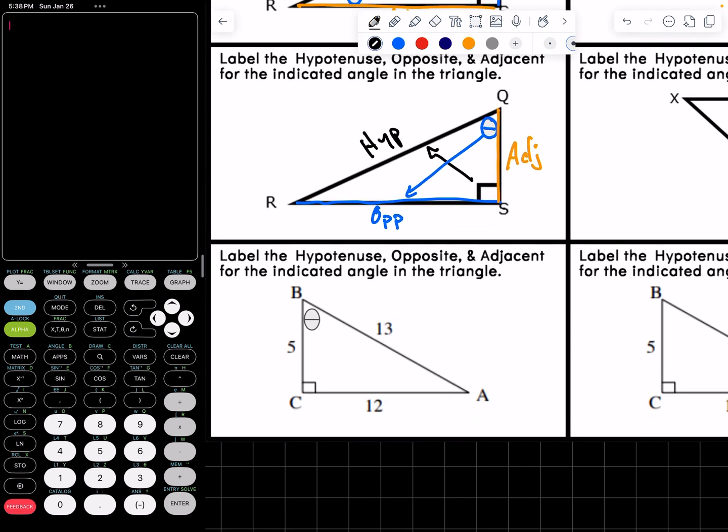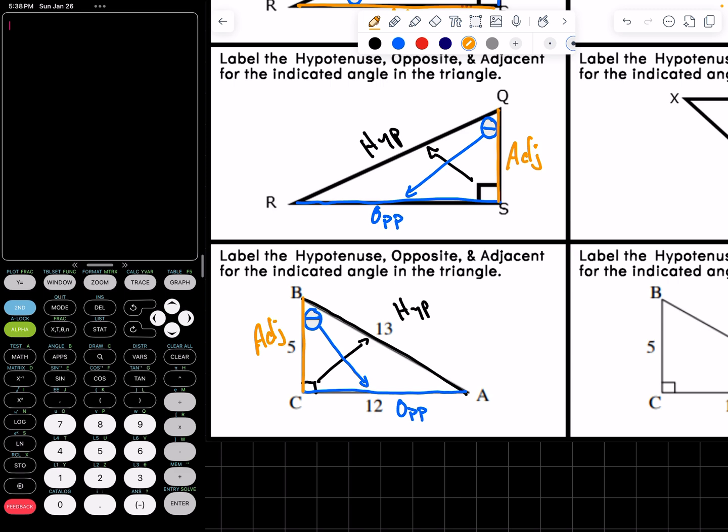So down here, we know that 13 is my hypotenuse. We've got my angle up here in the top left at B, which makes 12 AC, my opposite side. And then my adjacent side will be right next to it.